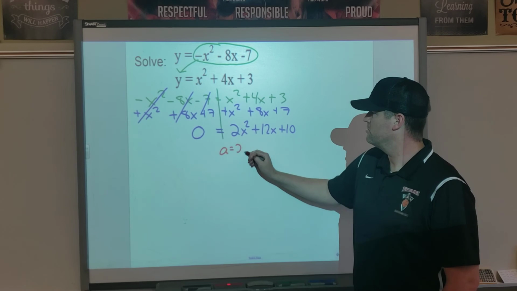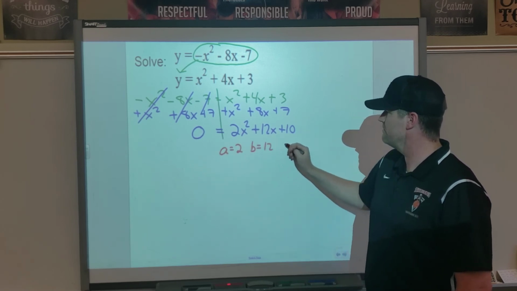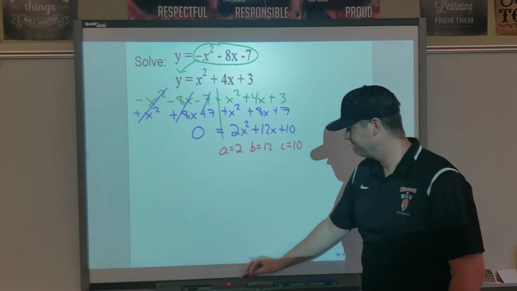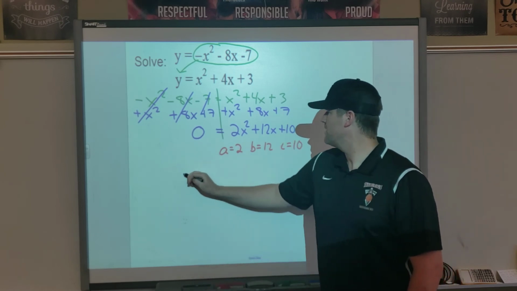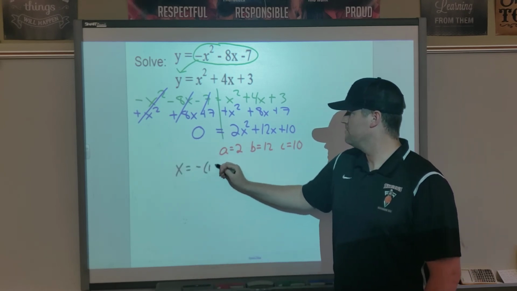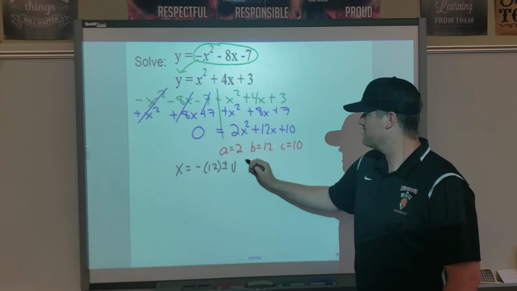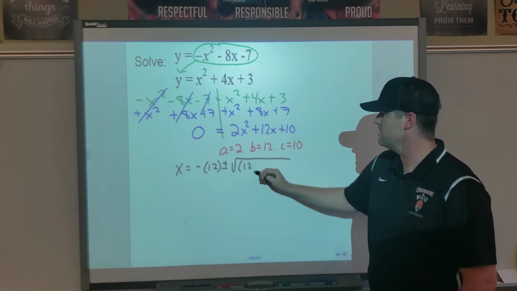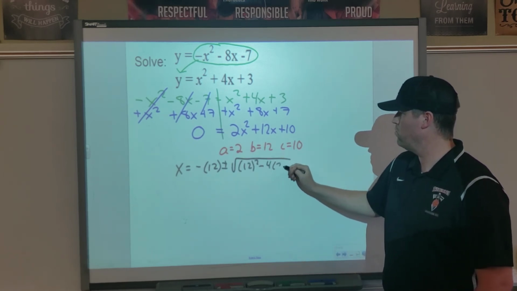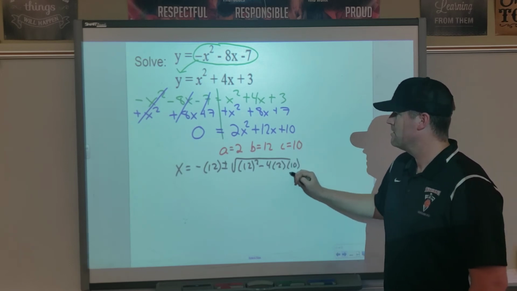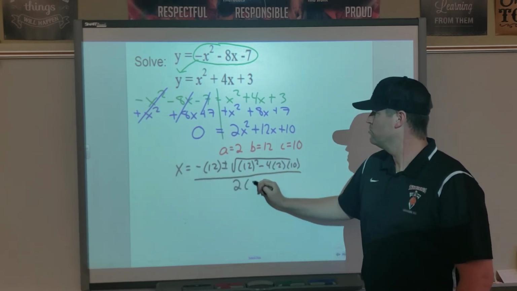A equals 2, B equals 12, C equals 10. x equals -b plus or minus the square root of b squared minus 4ac, all over 2a.